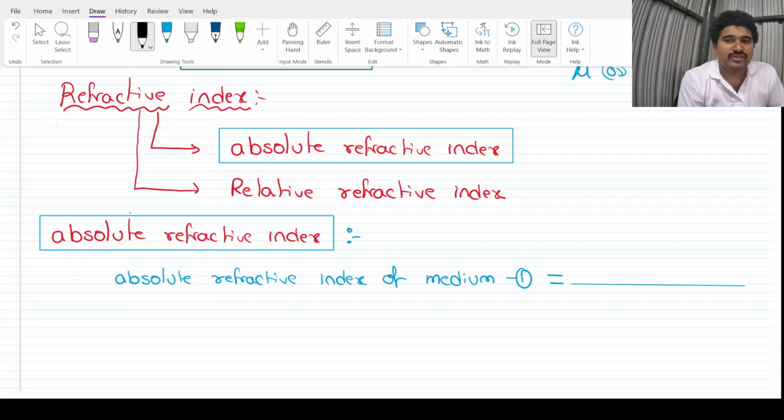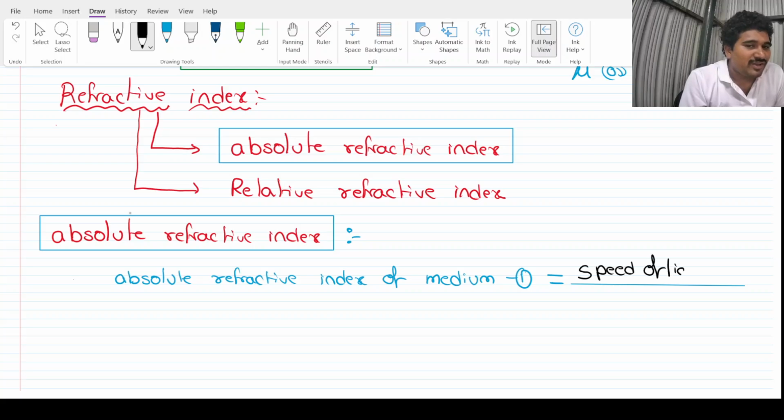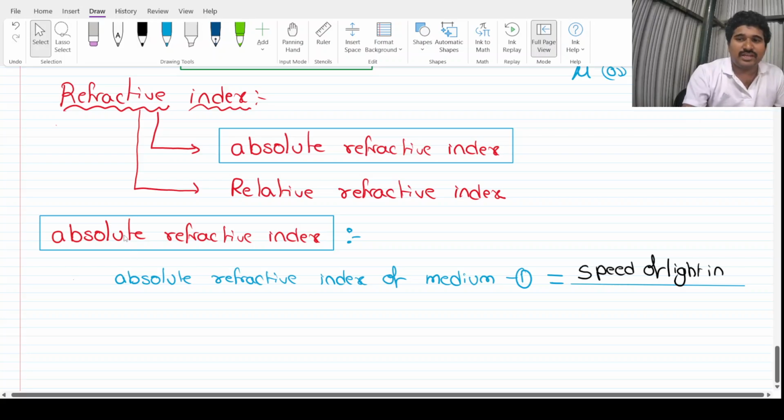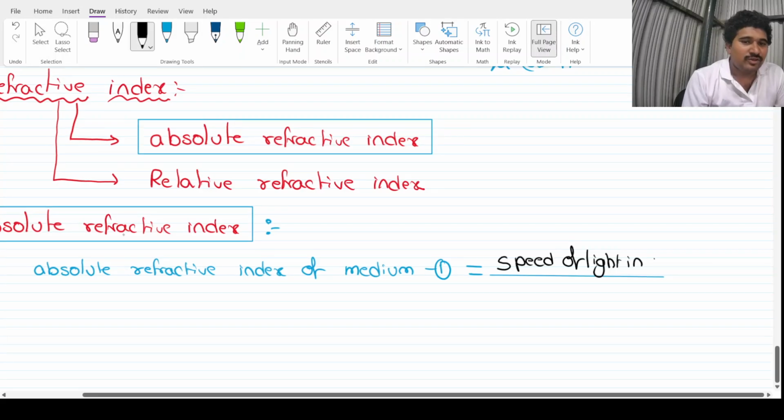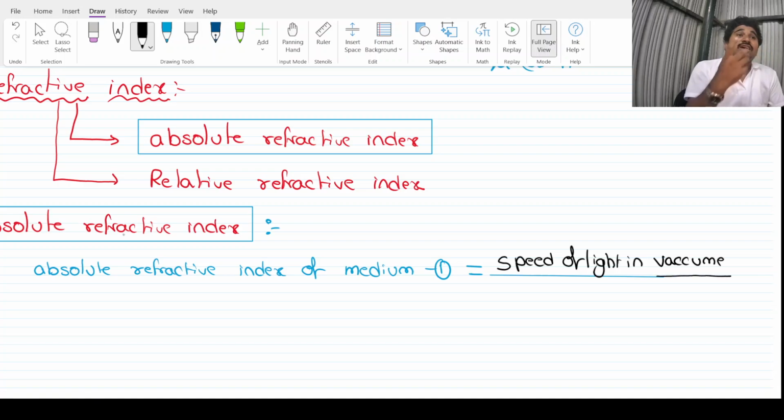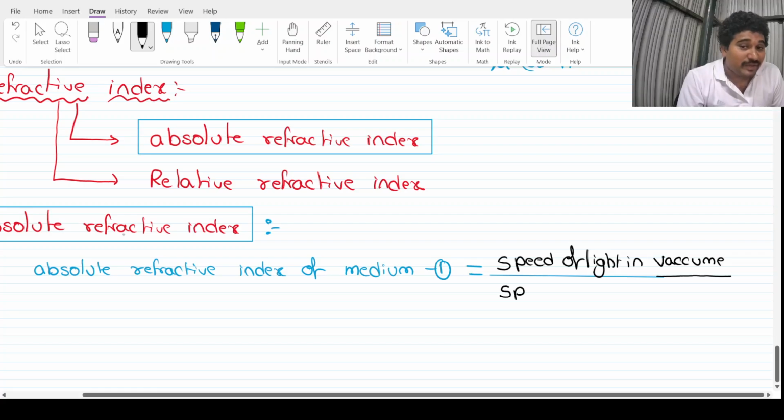speed of light in vacuum, divided by, actually, comparing with the speed of light in vacuum, we have to compare our medium's speed.